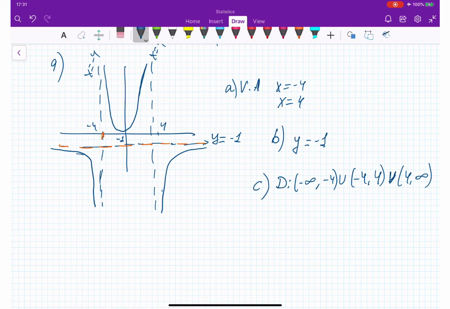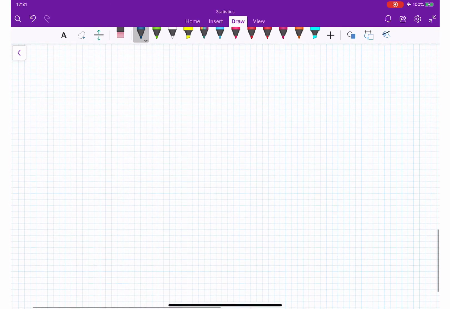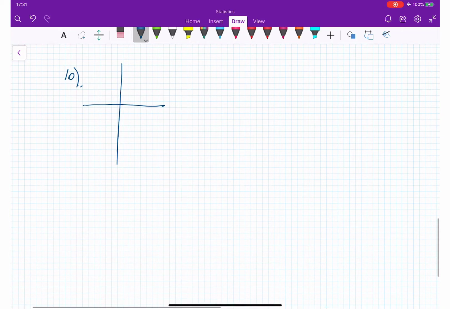Question number 10. So we have a graph. So let's say, what do we have here? Let's assume this is 6, negative 6, this is negative 8.